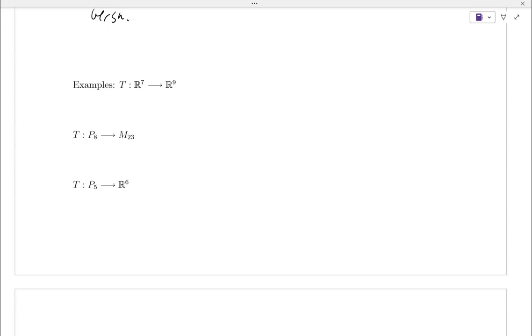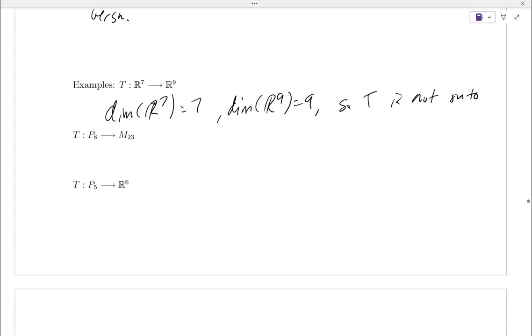How about T? Well, they're all T. How about the first one? Could be 1-to-1, but not onto, right? Dimension of R7 is 7. Dimension of R9 is 9. So T is not onto.